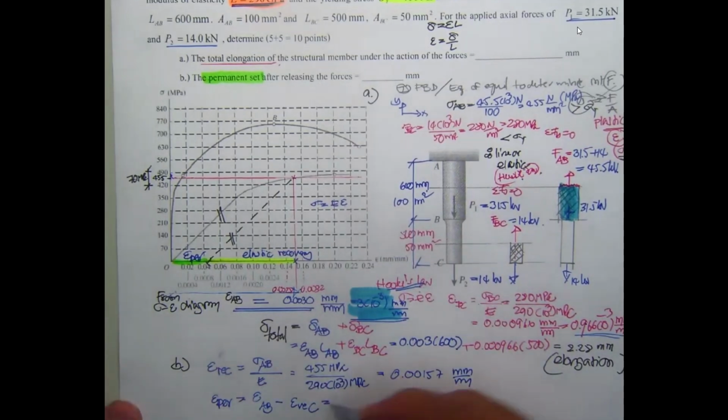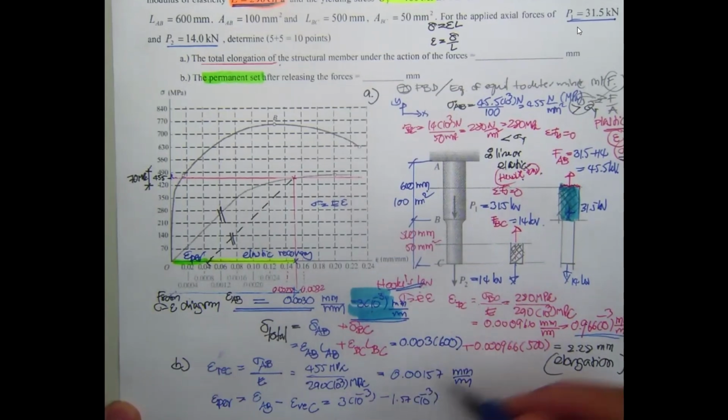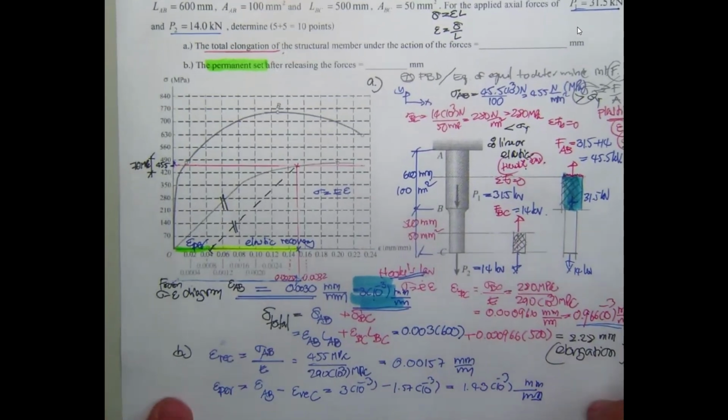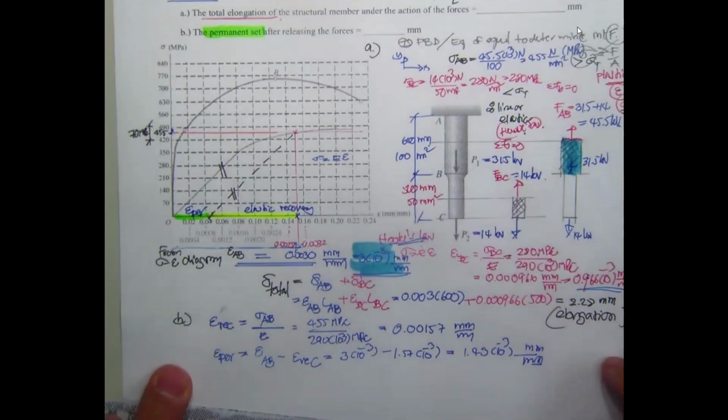This one is going to be 3 times 10 to the minus 3 minus 1.57 times 10 to the minus 3. So we should have this one to be 1.43 times 10 to the minus 3 millimeter per millimeter. This is permanent strain.